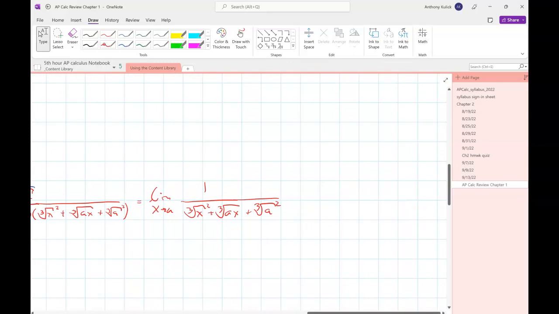So far, so good. Now I can direct substitute this because everything that was going to cause a problem is out of there.